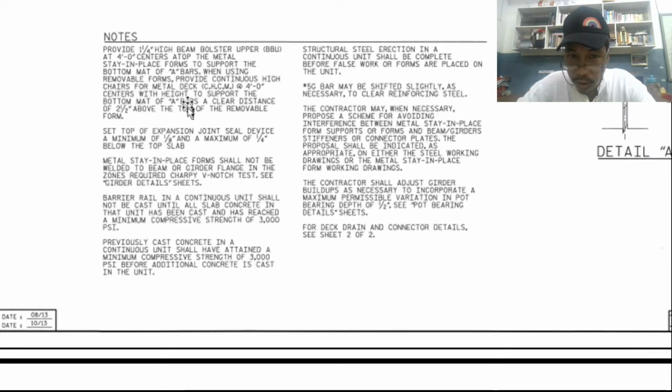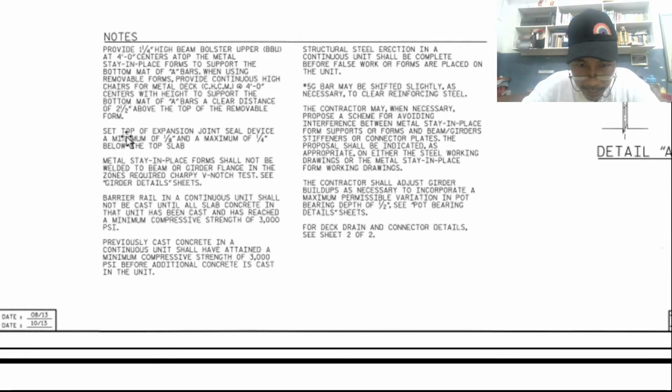There are two locations of A bars, bottom and top, with a clear distance of 2.5 above the top of the removable form. We already explained this on the drawing itself, so this is for clarity. We saw this on the drawing and we confirmed it in the notes.